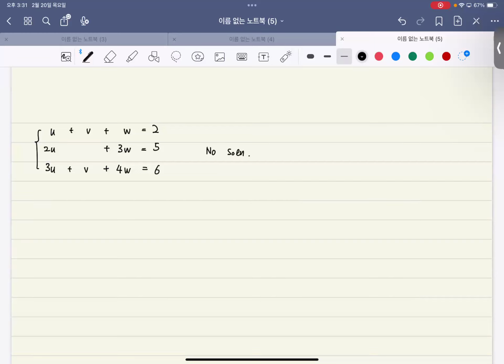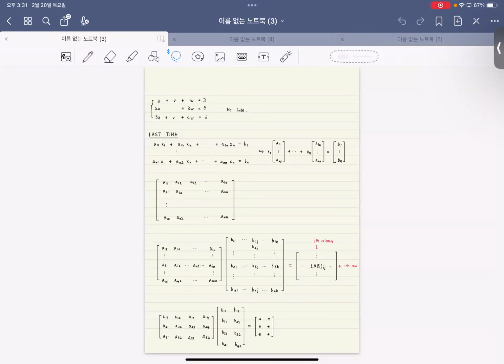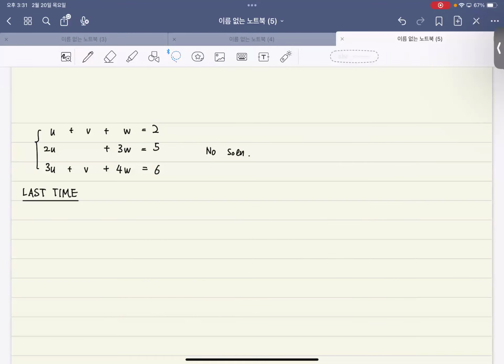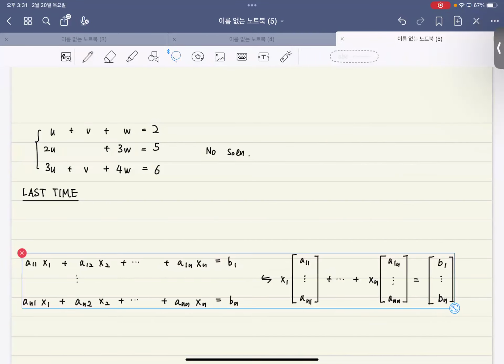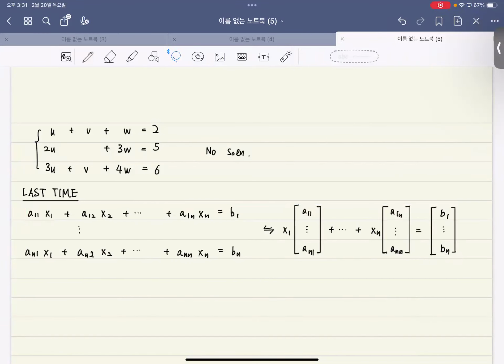Okay, so today let me generalize this. In general, suppose that I have n equations and n unknowns.